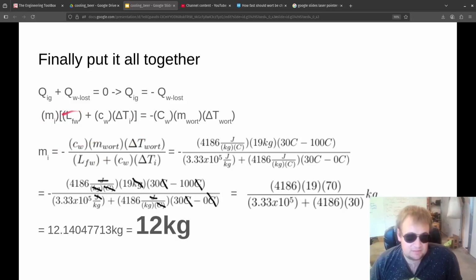So now we can solve for the mass of the ice by dividing the right-hand side of the equation by everything on the left-hand side except for the mass of the ice.